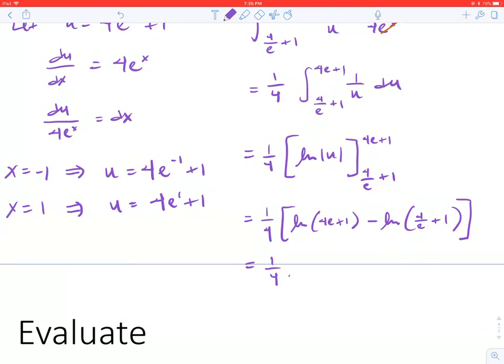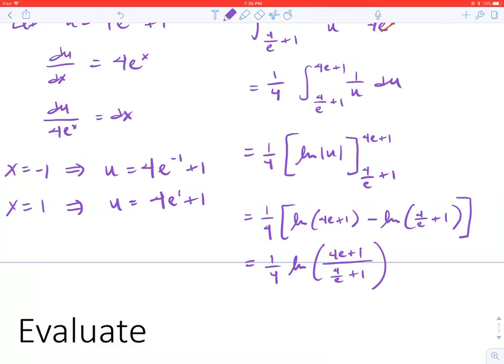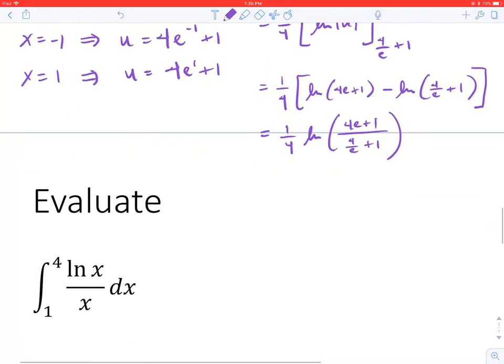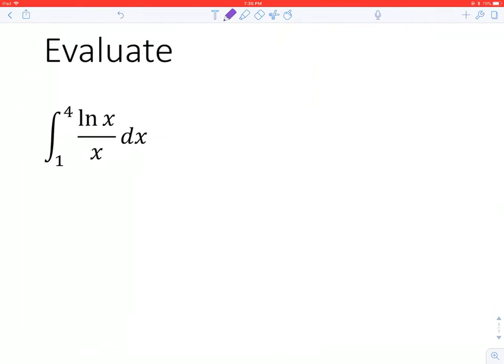And I can always rewrite this as a single logarithm, so as 1/4 times ln of 4e plus 1 over 4 over e plus 1. And we're done. I guess we could get rid of the complex fraction by multiplying by e over e in the argument, but this is fine.